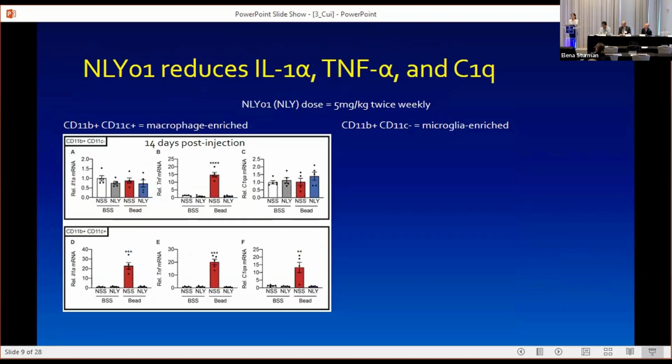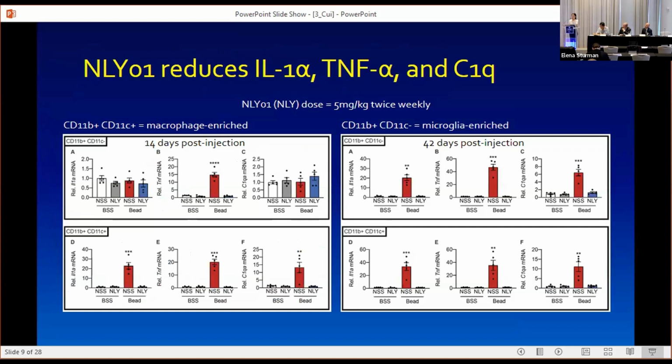When we gave wild-type animals NLY01, at a dose of 5 milligrams per kilogram, injected subcutaneously twice weekly, we saw that about 14 days post-injection, the cytokine expression began to elevate in a macrophage-enriched population of retinal cells, and about 42 days post-injection, they began to elevate in both macrophage and microglia-enriched populations of cells, but this elevation was decreased in the NLY01 treated animals.